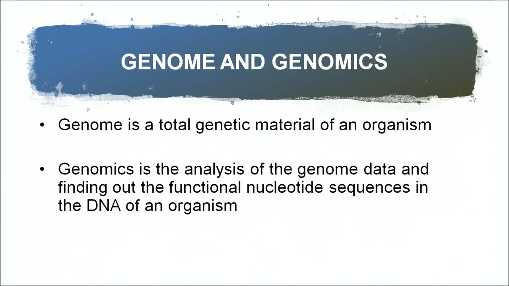Now, what is genome and genomics? Genome is the total genetic material of an organism, and genomics is the analysis of genome data and finding out the function of the nucleotide sequences in the DNA of an organism.